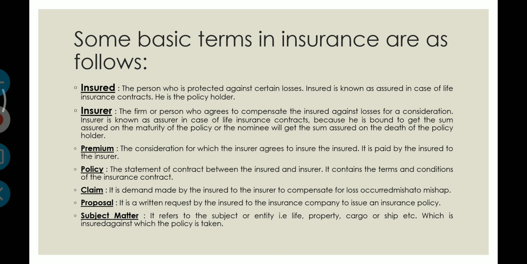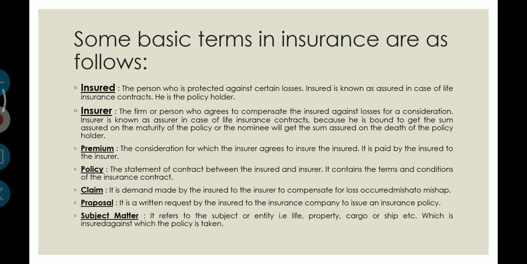Why is it called assurer? Because the insurance company gives you guarantee that if you die within the stipulated period, your nominee will be assuredly given the money, or if you survive, you will be paid your money back. This is our assurance. That is why the insurance company is called assurer in case of life insurance.